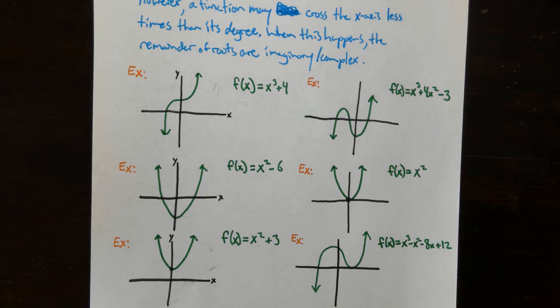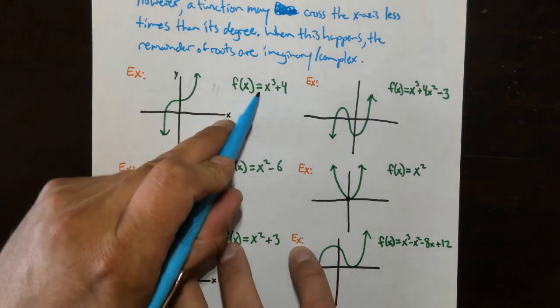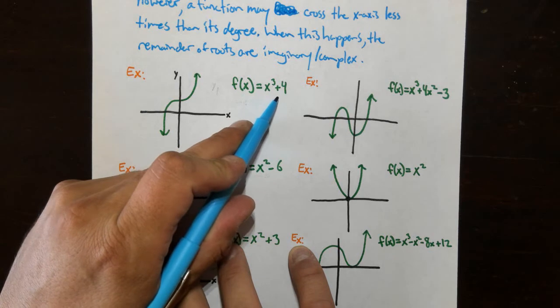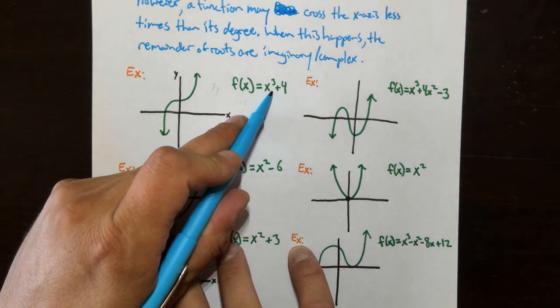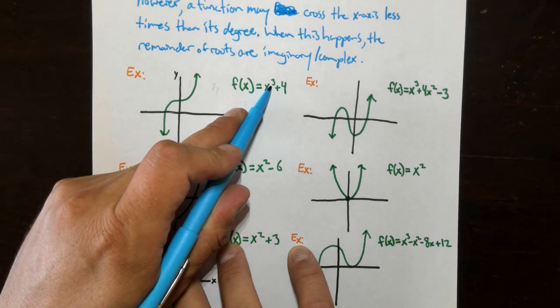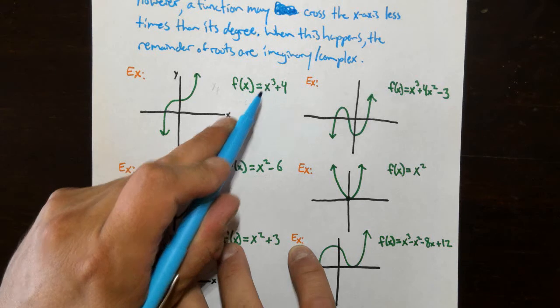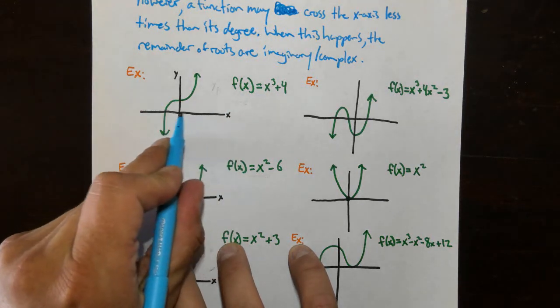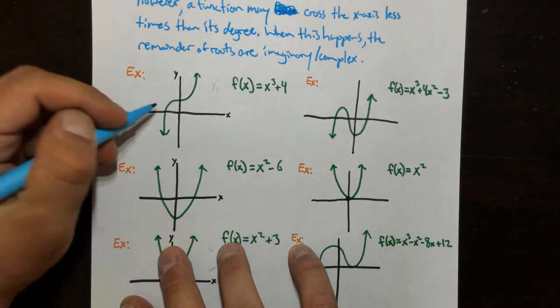So here I have the first example on the top left. I have x cubed plus 4. So I see the cube, which means that there must be 3 roots. That's guaranteed. But looking at the graph, when I graph it, it only crosses the x-axis, this horizontal axis, once.